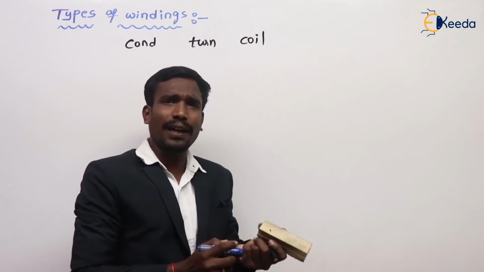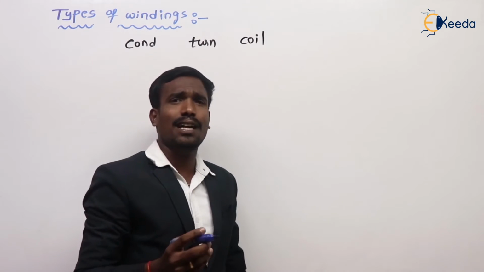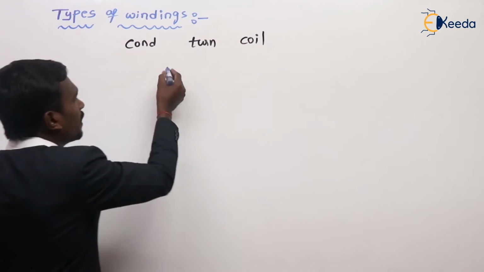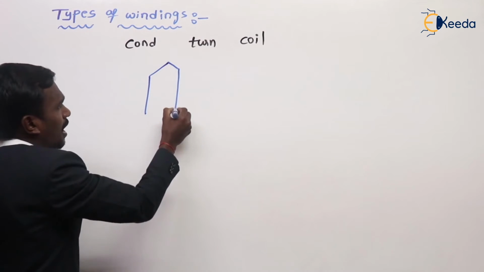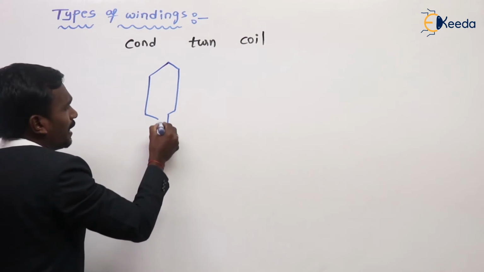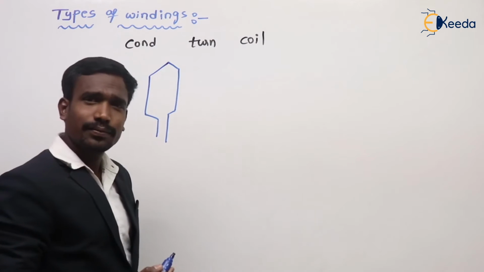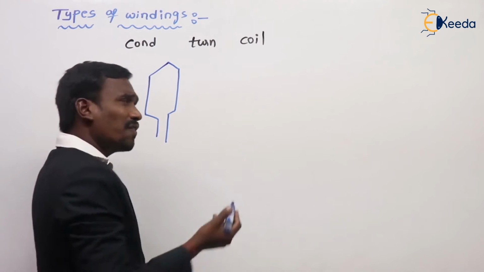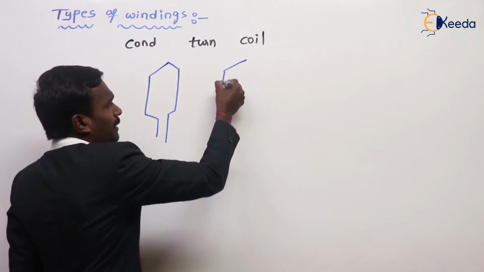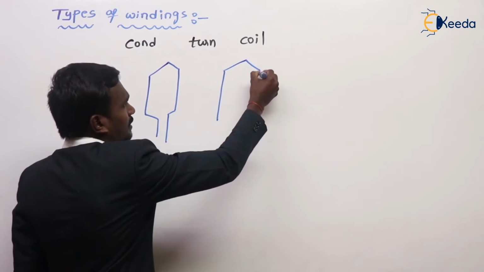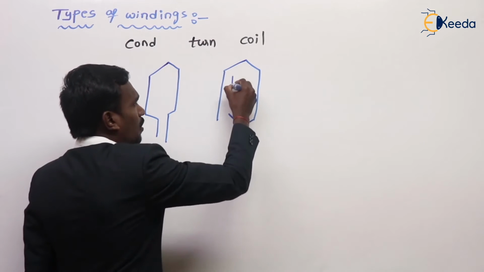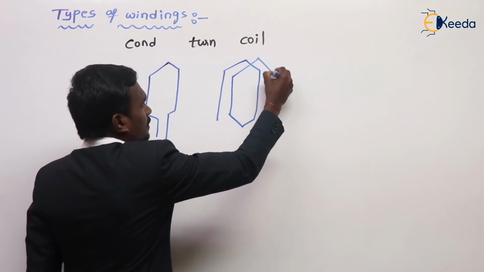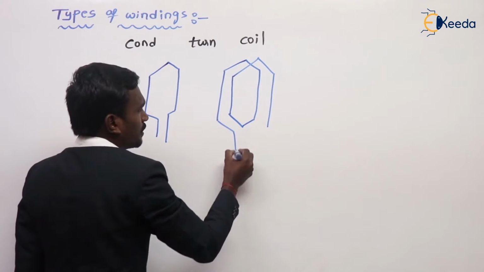I will give you one figure. Tell me, is this a conductor or a turn or a coil? For example, if I give a figure like this, tell me, is this a conductor or coil or turn?